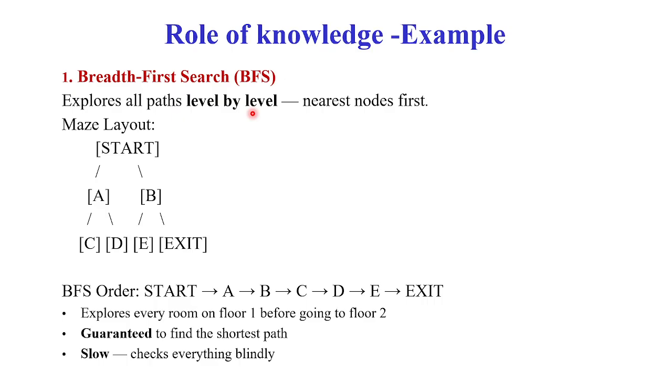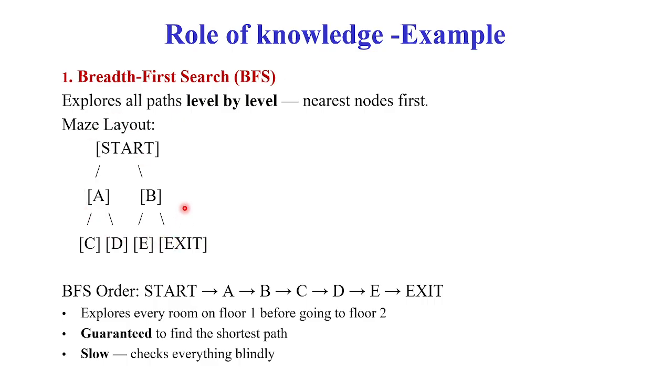Okay. It will start splitting to A and B. After this, it will again start to split further, C, D, E and exit. So for sure, it will have the shortest path, but every node on every level must be visited.